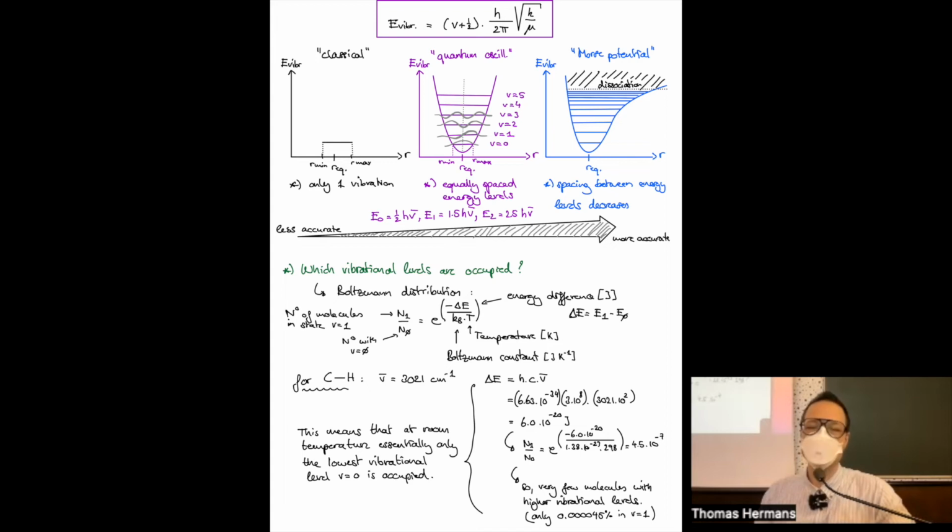So what does this mean? The ratio of N1 over N0 is 4.5 times 10 to the minus 7. So a very, very small number. What does it mean?